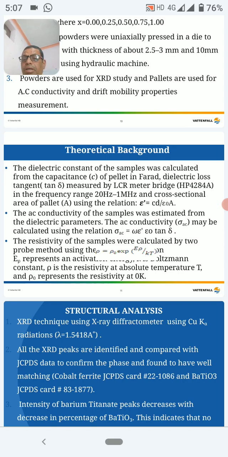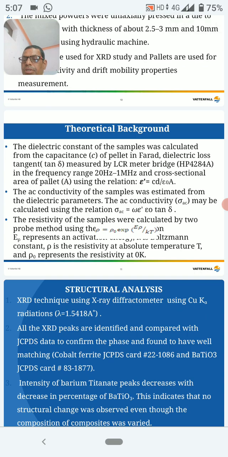The resistivity of the sample is calculated by the two-probe method using the Arrhenius relation, and that Arrhenius relation is given here, that is nothing but rho is equal to rho 0 exponential Ep upon kT, where Ep represents the activation energy, k is the Boltzmann constant, rho is the resistivity at absolute temperature T, and rho 0 represents the resistivity at 0 degree Kelvin.